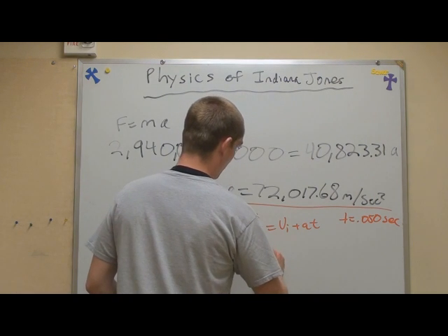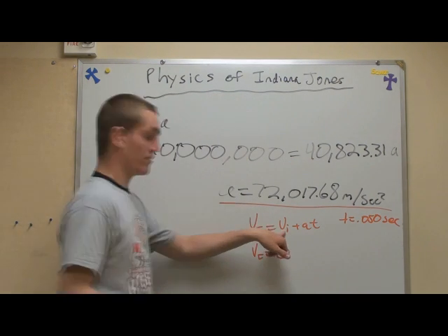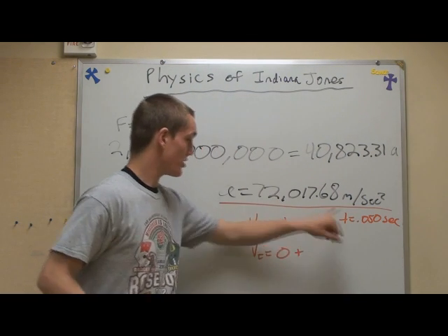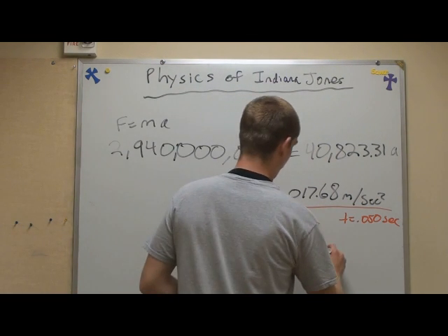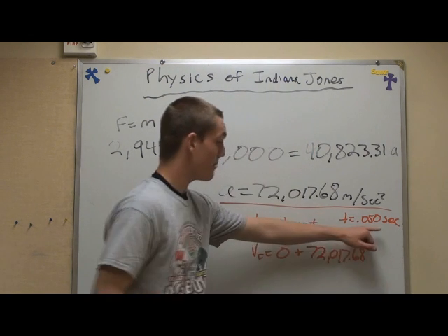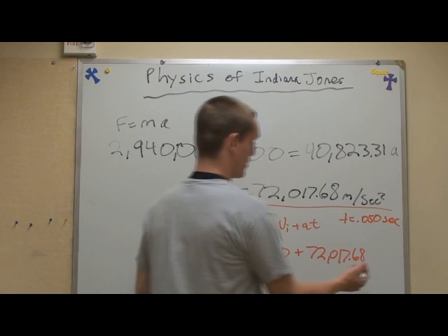So we know the final velocity equals 0, the initial velocity we just talked about, plus the acceleration, 72,017.68, multiplied by the time.